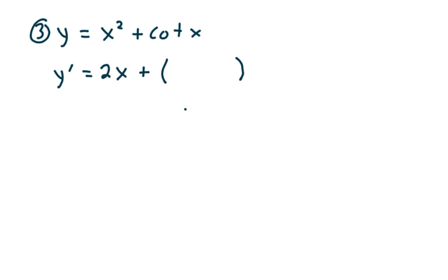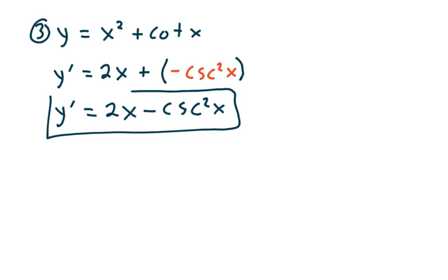There's no way around that. And again, I would encourage you to use flashcards to help you remember these different formulas. And so, again, the derivative of cotangent x with respect to x is negative cosecant squared x. And so if I go to simplify this, y prime is 2x minus cosecant squared x. And that's how we do problem number 3.